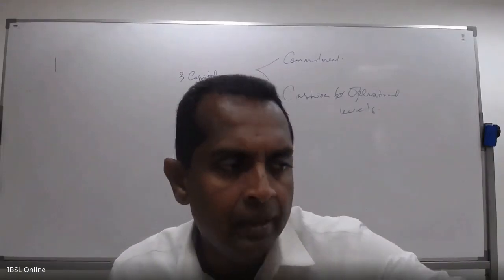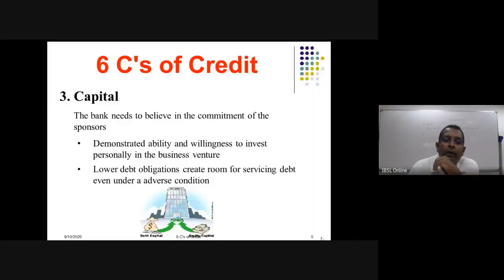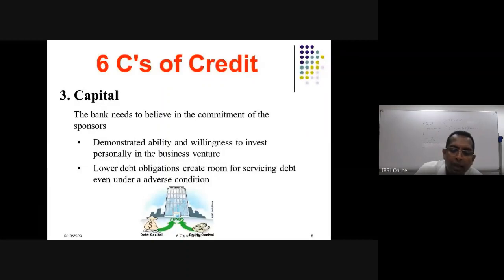So those are the two things: debt capital and equity capital. They demonstrate the ability and willingness to invest personally in the business. That's the commitment. Low debt obligation creates room for servicing debt under adverse conditions as well.